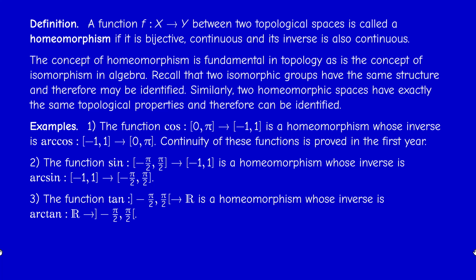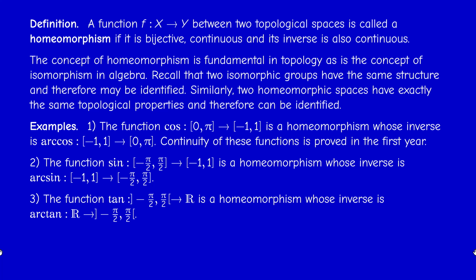The reason is that if you think of tangent as a geometric transformation, and I always encourage you to think of functions as transformations, this function is doing something mathematically possible but physically impossible. It's doing an infinite stretching.